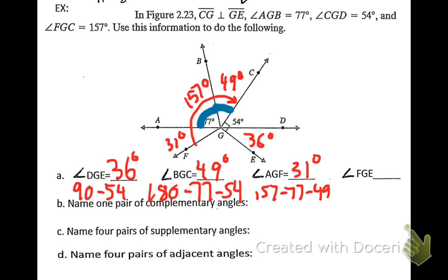The AGF, CGE, and FGE have to add up to 180 degrees. So you'd subtract 180 minus 31 minus 36. 113.